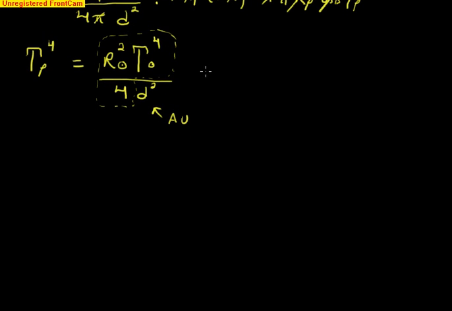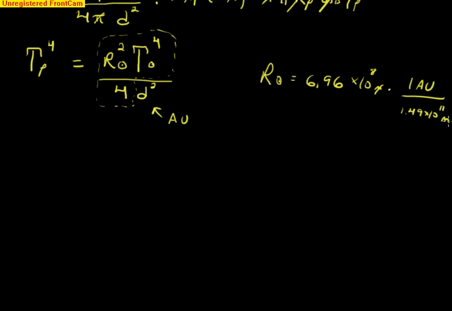Okay, back to this. The radius of the sun is equal to 6.96 times 10 to the 8th meters. And we want to convert that to AU: how many meters are in 1 AU? 1.49 times 10 to the 11th meters.